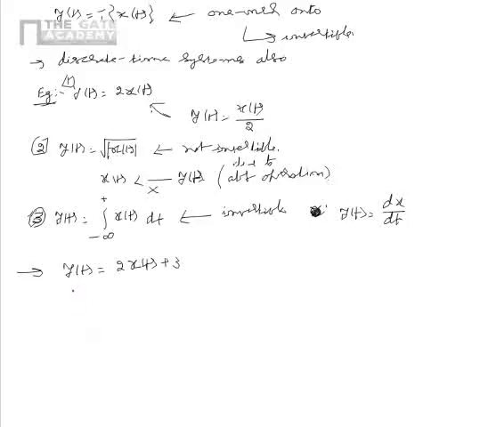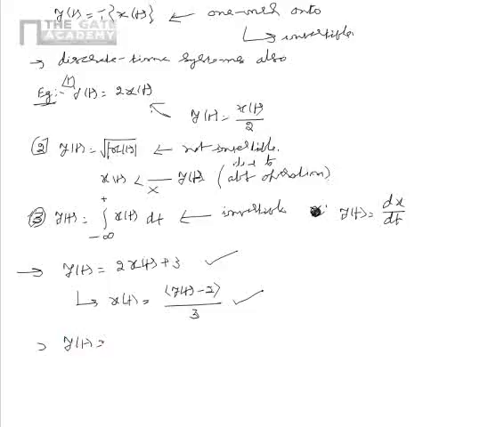So in this case, try to get an equation where x of t is on the left hand side and y of t is on the right hand side. So upon simplifying, we get x of t is equal to y of t minus 3 divided by 2. So whatever we got is the inverse system. So the given system is invertible and we also got the inverse system.